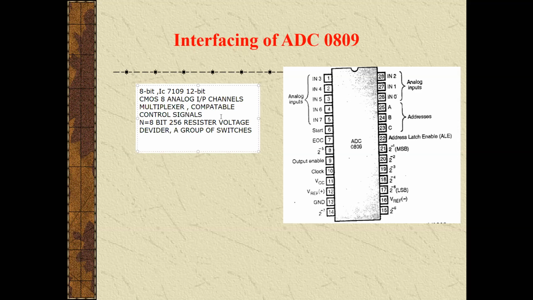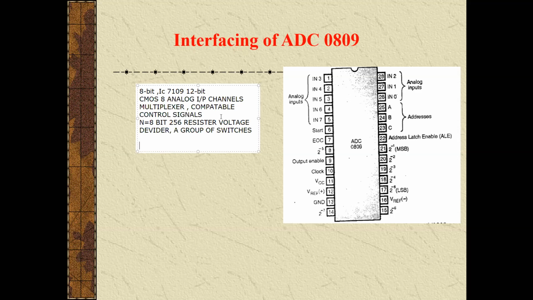However, there are 8 analog channels. We can connect up to 8 analog inputs to this IC. Due to the use of the multiplexer, at a time only one analog input will be converted into the equivalent 8-bit digital output.